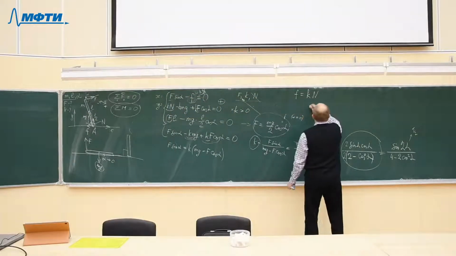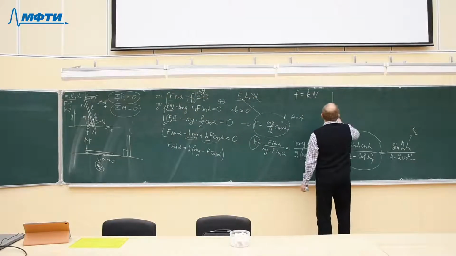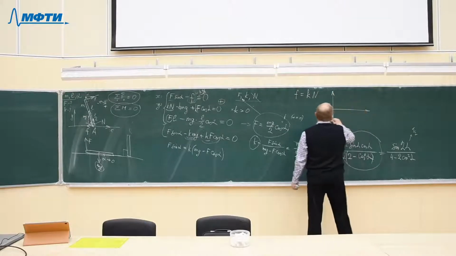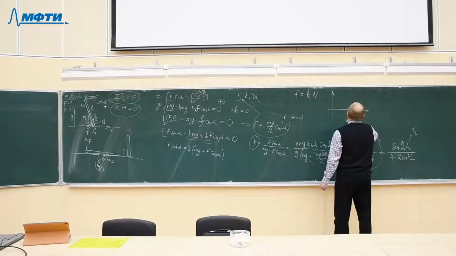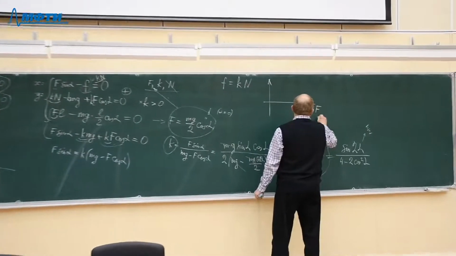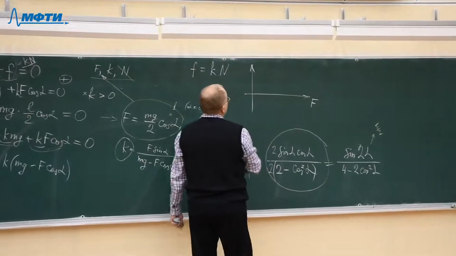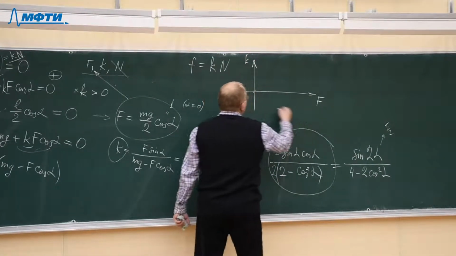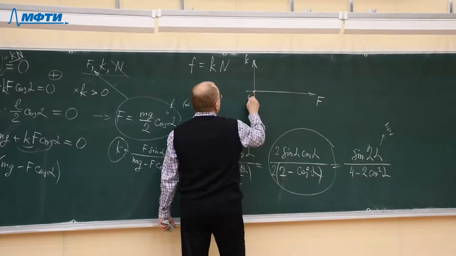So the force of friction and coefficient of friction will be something like that. If I show here the external force applied, and here the coefficient of friction, then when the external force is 0, the coefficient of friction is also 0.